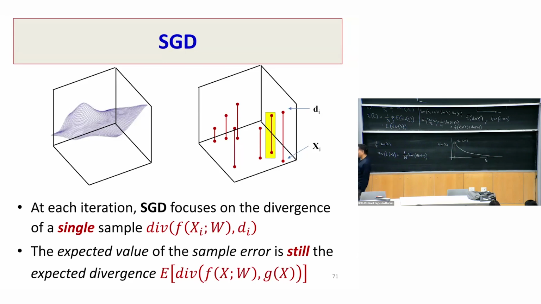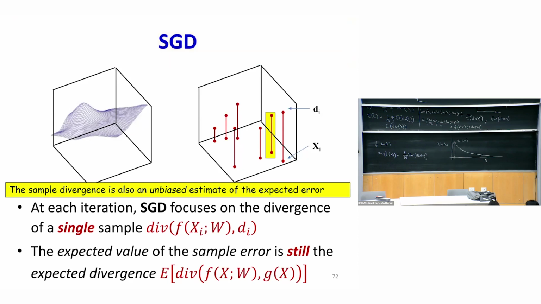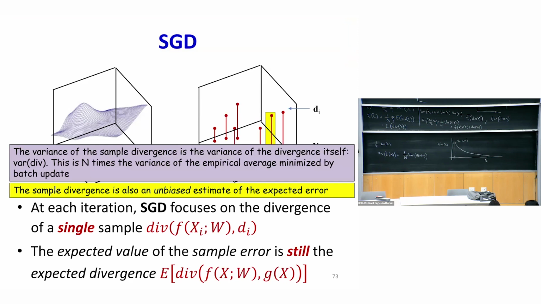So when I'm performing SGD, I still have the same point. I'm looking at the divergence for a single point. The expected value of the divergence at a single point is simply the shaded area, right? The expected divergence. So this too, the sample divergence, is also an unbiased estimator of the expected error. But the variance, meaning how much this loss changes from sample to sample, can be huge.